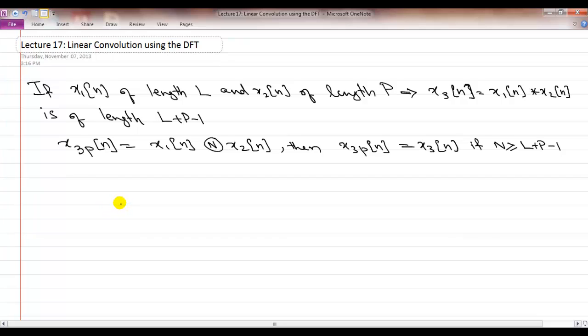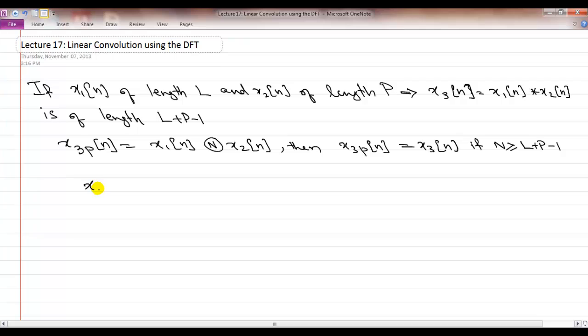And that tells us a way of computing linear convolution using discrete Fourier transform. Because we already know circular convolution is equal to multiplication of the DFTs of those two sequences, and then you compute their inverse DFT.